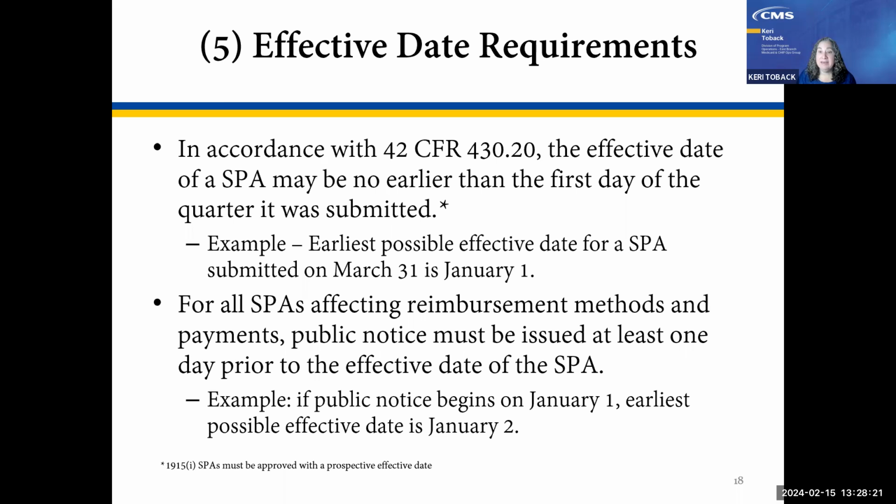Now, if the state had conducted notice on or before December 31st of the prior year, then the state could request that effective date of January 1st as shown in the first bullet. If you have additional questions regarding public notice for reimbursement SPAs, please refer to 42 CFR 447.205 or reach out to your state reimbursement lead.